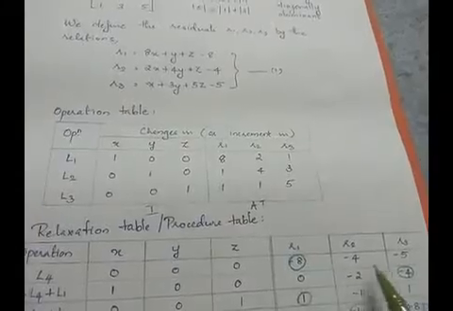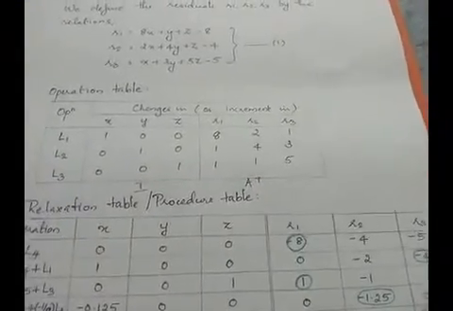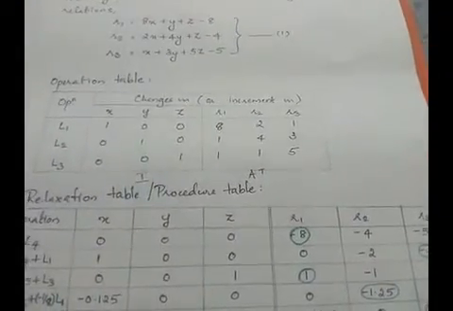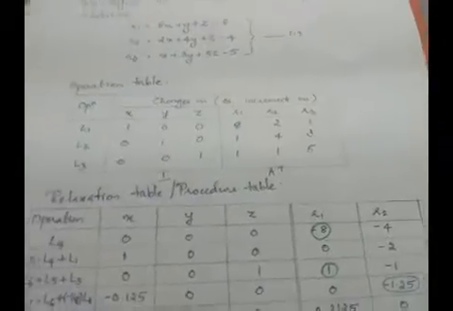So L4 is obtained by substituting x, y, z as 0 in equation 1, where you get the values for the residuals, and that will be substituted here. Okay, this is the starting step for the procedure table or the relaxation table.